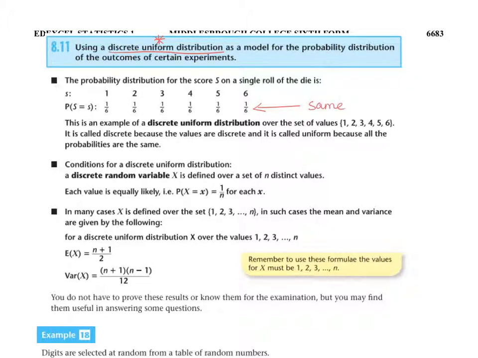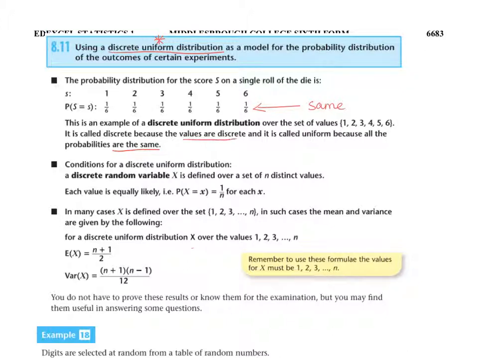If it's a fair die, if it's a fair coin, the chance of each of these outcomes is going to be the same. It's called discrete because we can actually count the number of values that we've got, and uniform because the probabilities are all the same. So that's key.